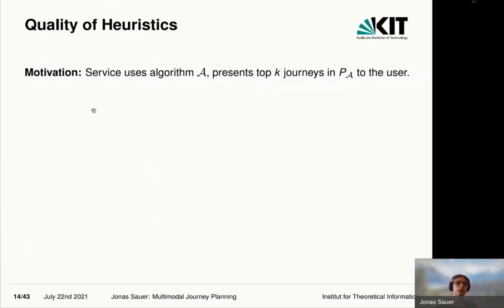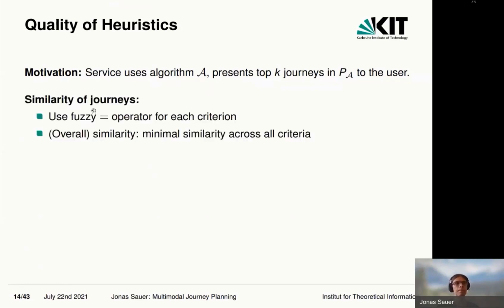So we score them according to our fuzzy logic, and the best ones we present to the user. Now we want to match the top K journeys in the full Pareto set to the top K journeys that our heuristics computed, and look at how closely they match the actual top K journeys.